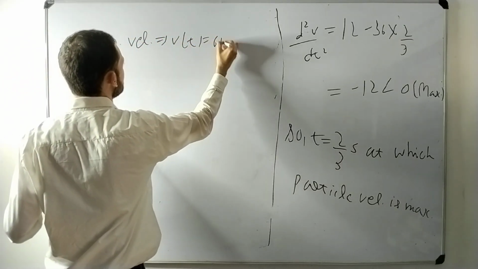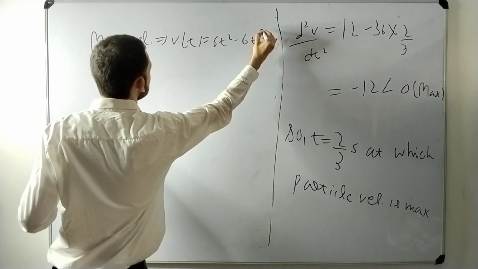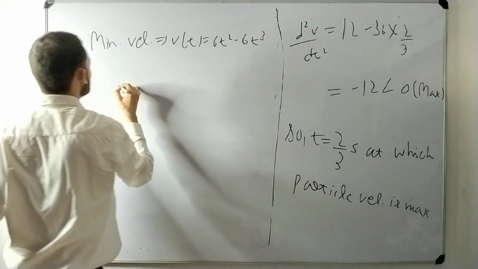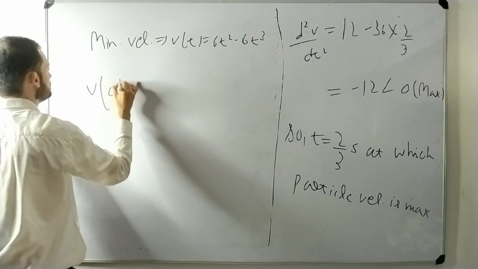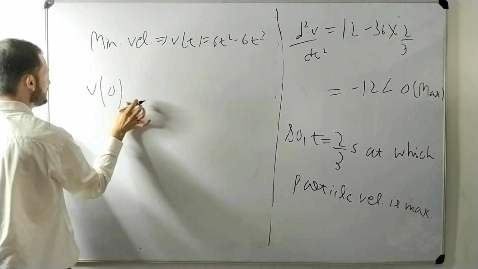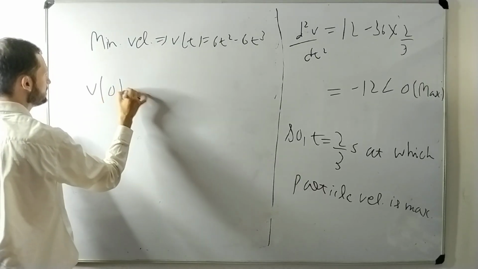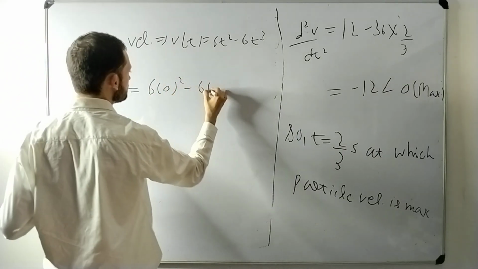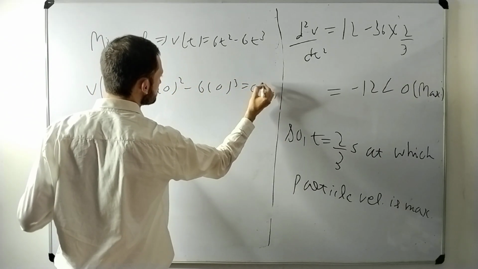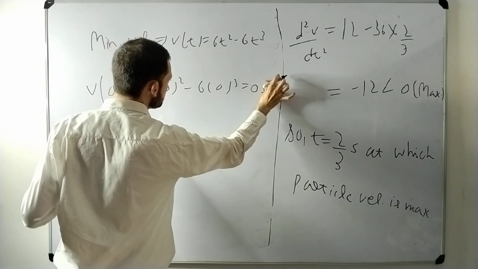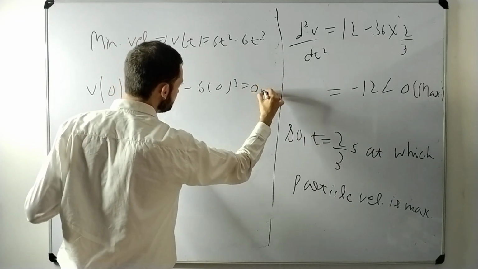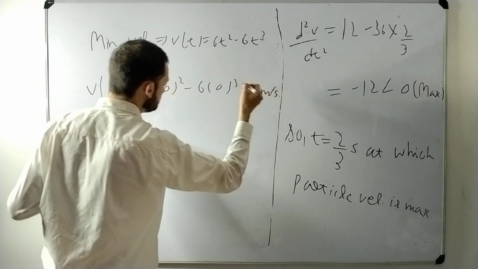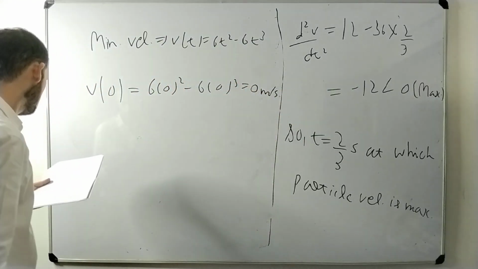For minimum velocity, v(t) is the velocity equation, and at t equal to 0 we get minimum velocity: 6(0)² minus 6(0)³ is 0 meter per second. The minimum velocity of the particle at time 0 second is 0 meter per second.